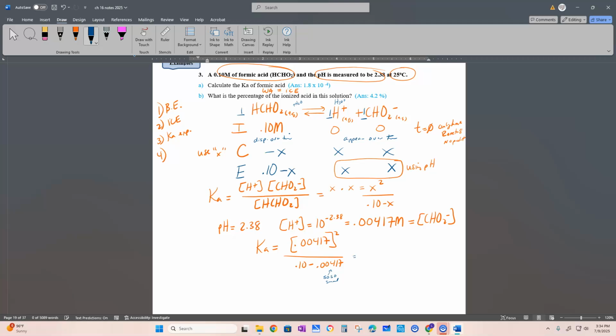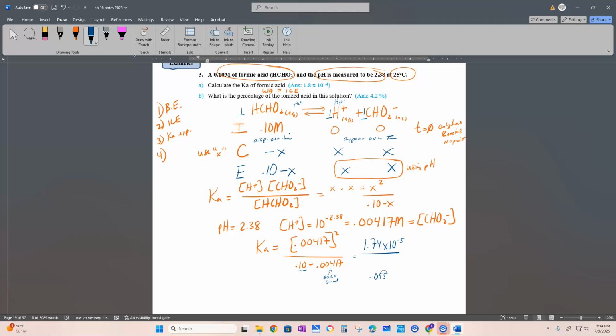Okay, so plug it in. So at the very top, you do have a square button. So 0.00417, and then we're going to square it with 3 sig figs. You get 1.74 times 10 to the negative 5. Down at the bottom, 0.10 minus 0.00417. And like I said, with 2 sig figs, the calculator says this, 0.095, but because of sig figs, I need 2 after the decimal.